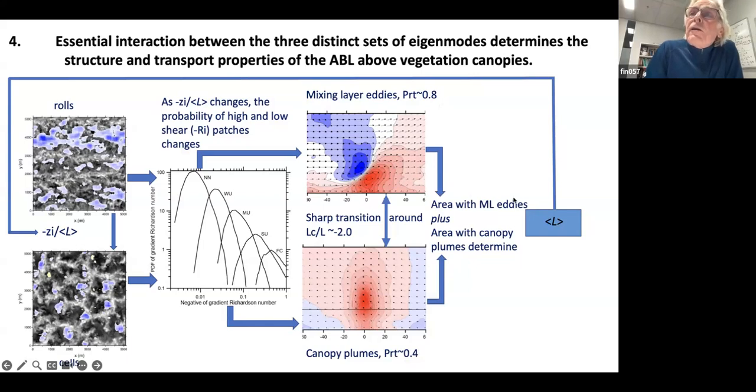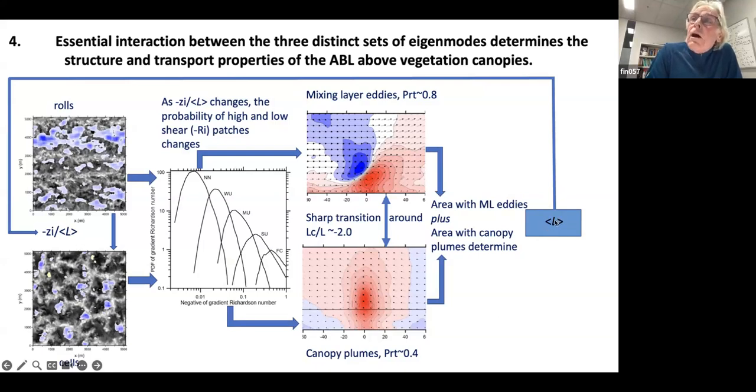So the area with mixing layer eddies, which is determined by these probability distributions, plus the area with canopy plumes, we have to weight the areas by one or the other, to determine the average Obukhov length. Remember, the Obukhov length is the ratio of, if you like, the effectiveness of absorbing momentum versus the effectiveness of transferring heat.